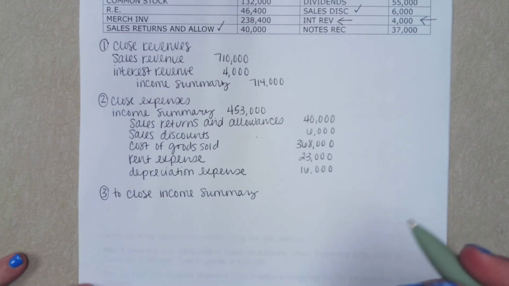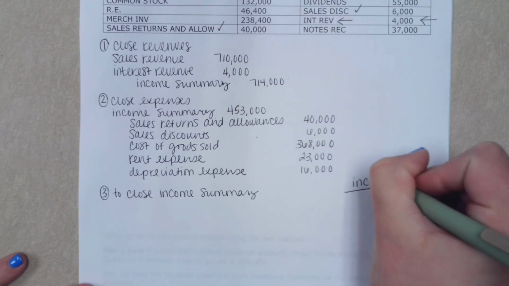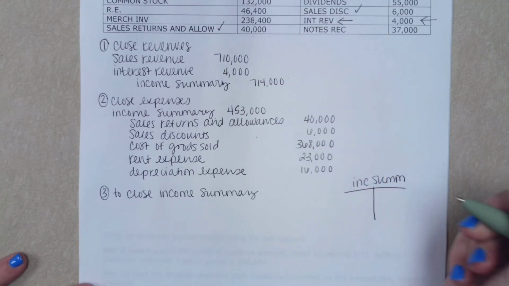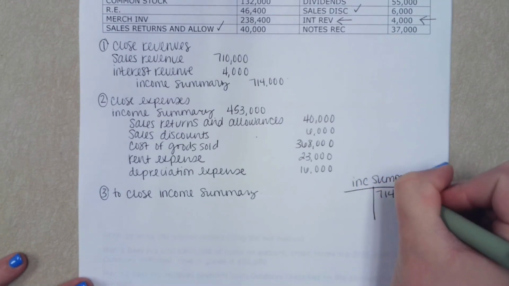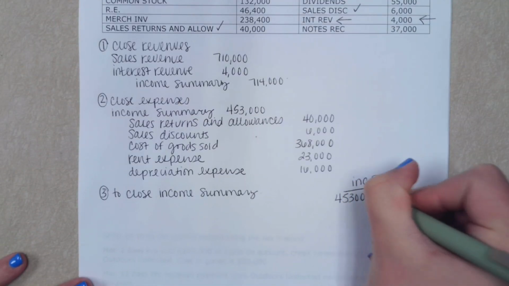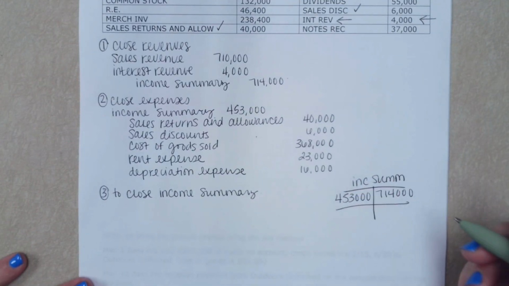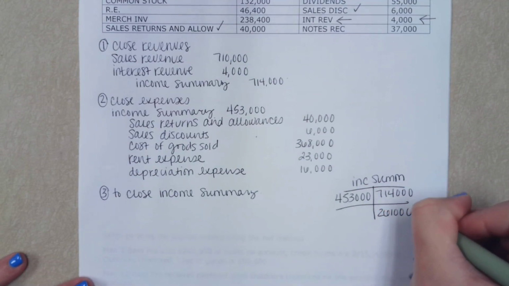Alright, so remember, for this one I always like to see a T account, just so we can make sure that we are thinking about it correctly, which we just went through that process. But just so you can also see it, we're grabbing what we did in entries 1 and 2. We're seeing that there is a credit balance of $261,000.